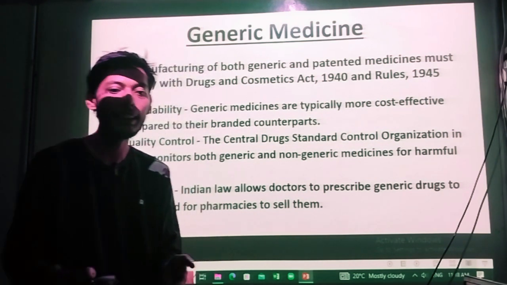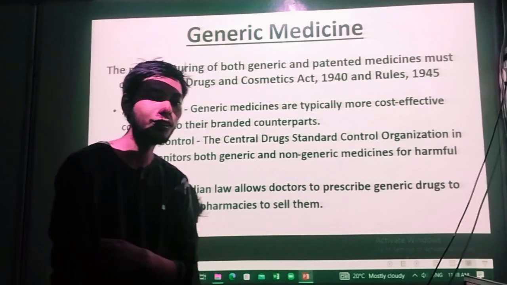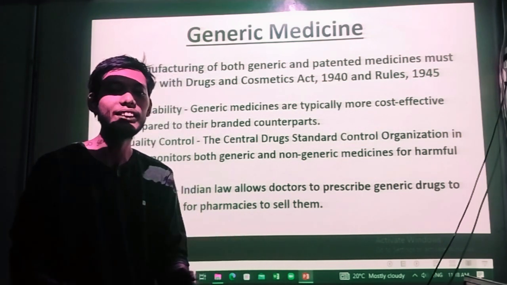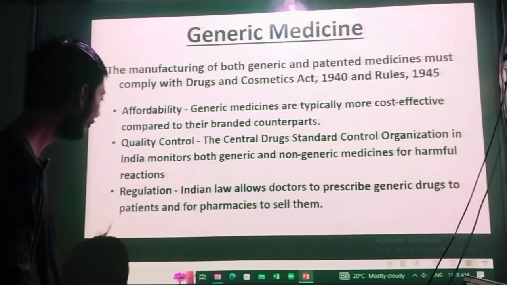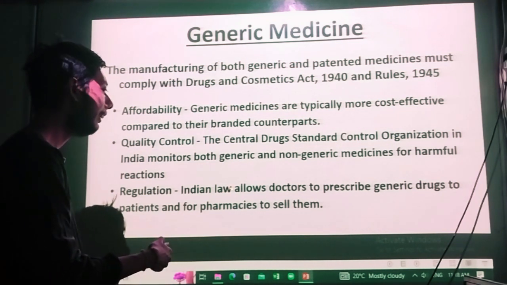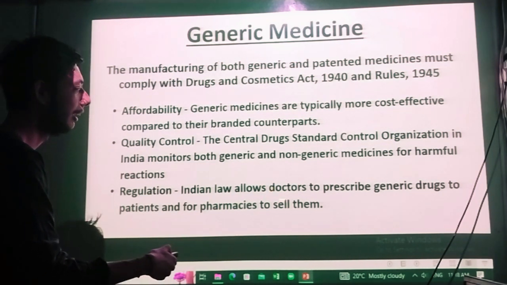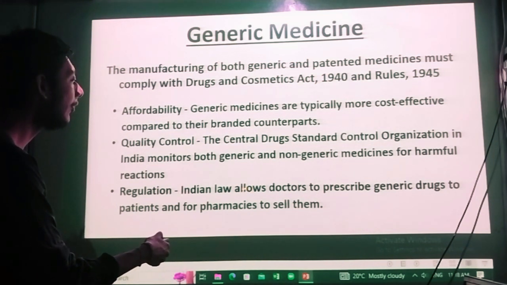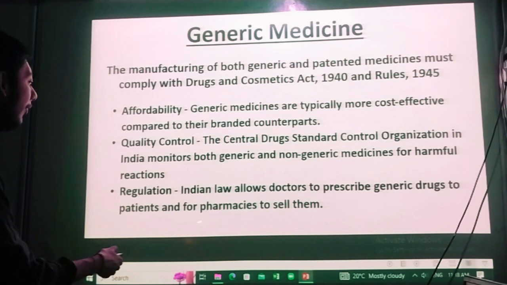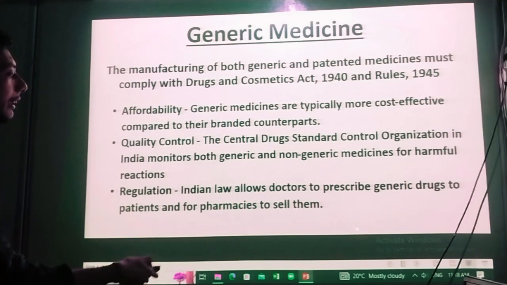But in the case of generic medicines, our government has more control over the manufacturing process. Now regulations. So generic medicines are allowed. Indian law allows doctors to prescribe generic medicines and also pharmaceuticals to sell them.